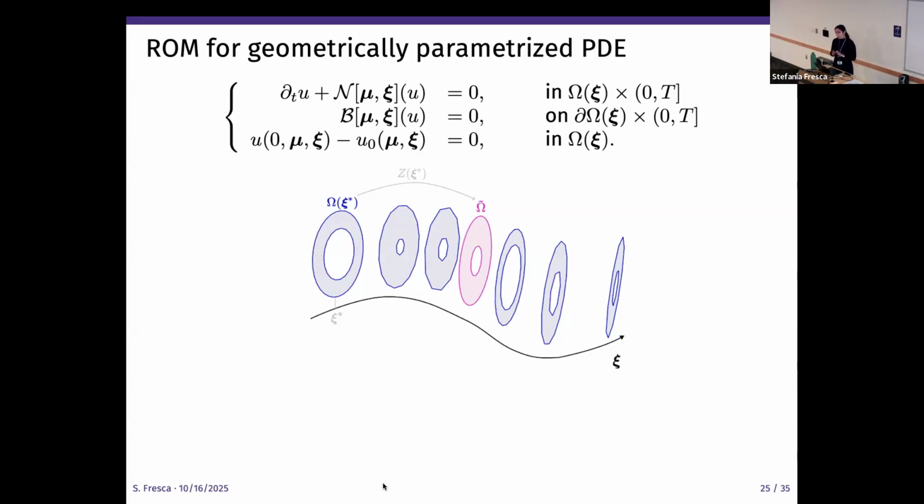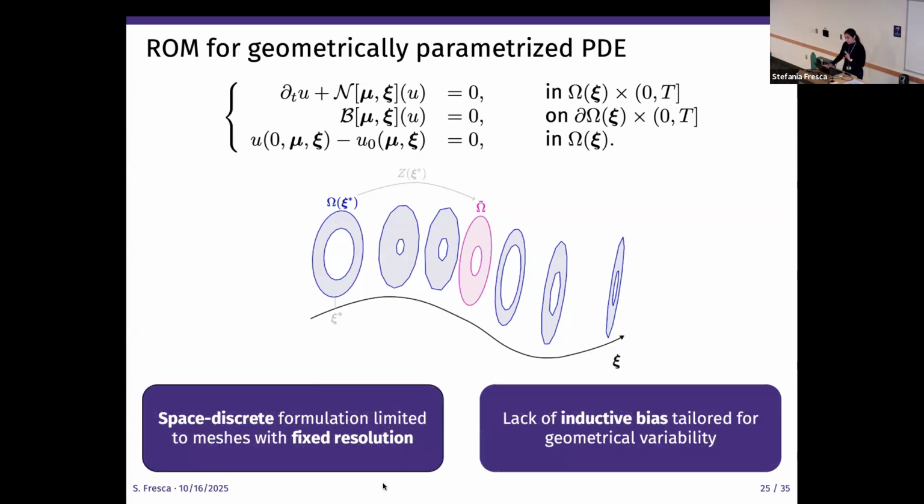And if we want to build a ROM in such a context, we have to deal with two main issues. The first one is related to the fact that the majority of ROM techniques in the literature rely on a space-discrete formulation, which limits the range of application just to diffeomorphic meshes with a fixed resolution.